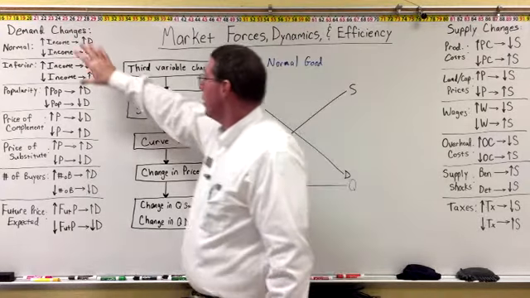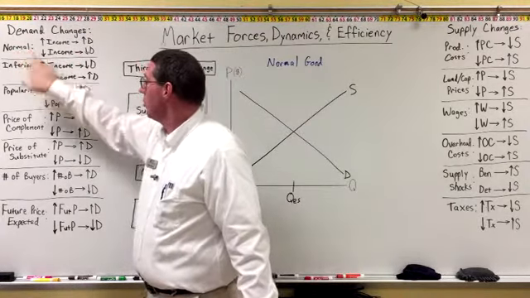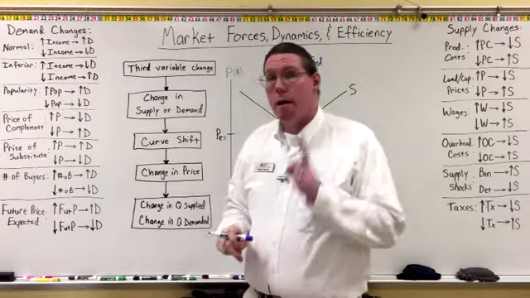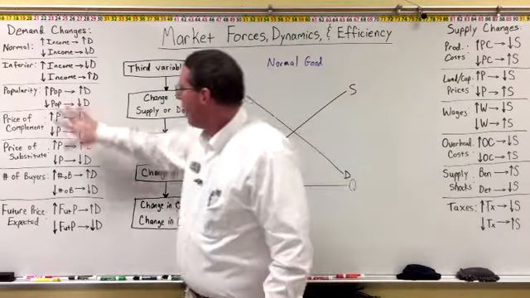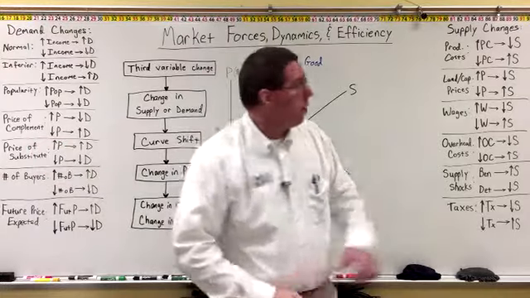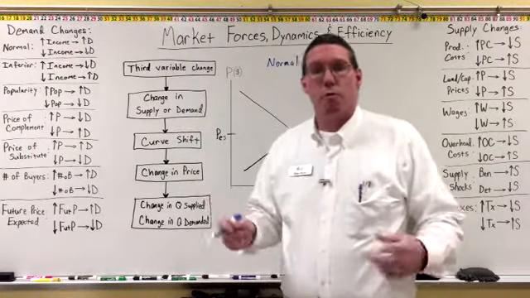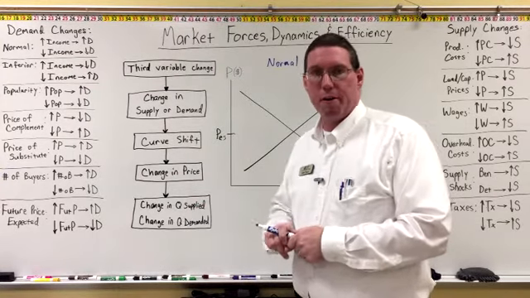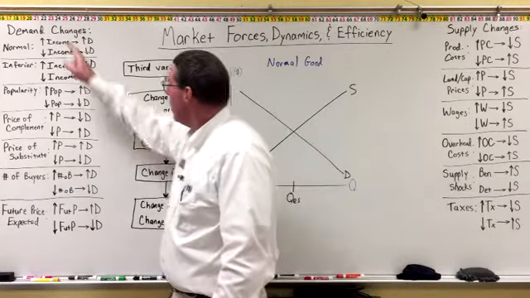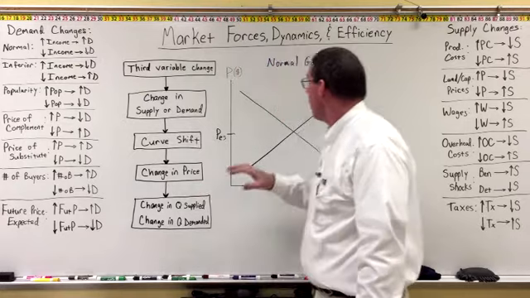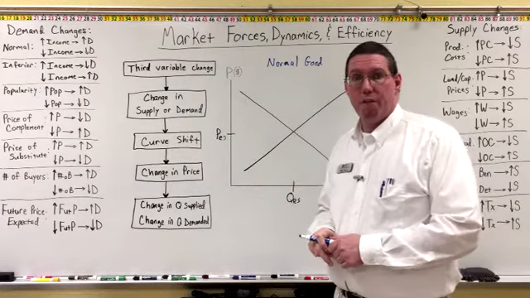Now, I want to mention something. I know that up here, income affects normal goods and inferior goods differently, but it's important that you understand that none of these other dynamics cares whether the product is normal or inferior. Only income cares whether the product is normal or inferior.